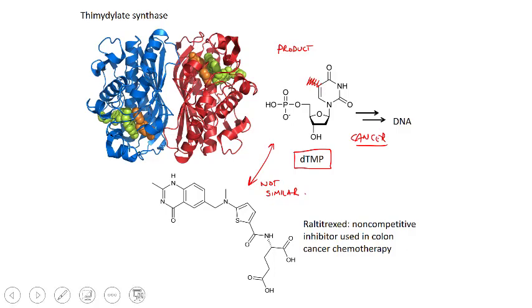I don't have a dedicated slide for it, so I'm just going to write in the margin over here. There's another type of reversible inhibitor called a mixed inhibitor, and that combines features of both competitive and non-competitive.